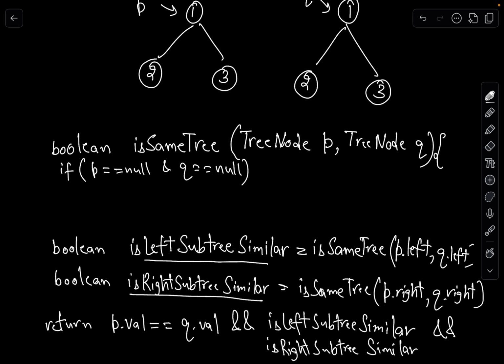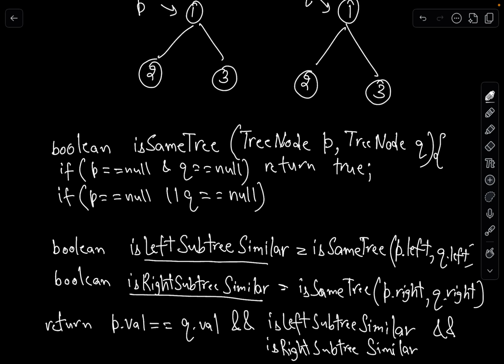So let's say if both trees are empty, then it means they are similar, right? So I could just return true in that case. And similarly, if both of them are null, I know the answer is true. But if one of them is null, they can't be true, right?